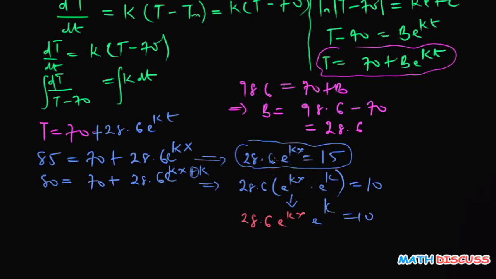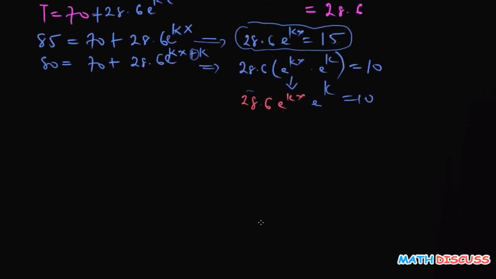So since we have 28.6 e to the power kx equals 15 here, instead of writing 28.6 e to the power kx, I'm going to rewrite it as 15. So what we have is 15 e to the power k equals 10.